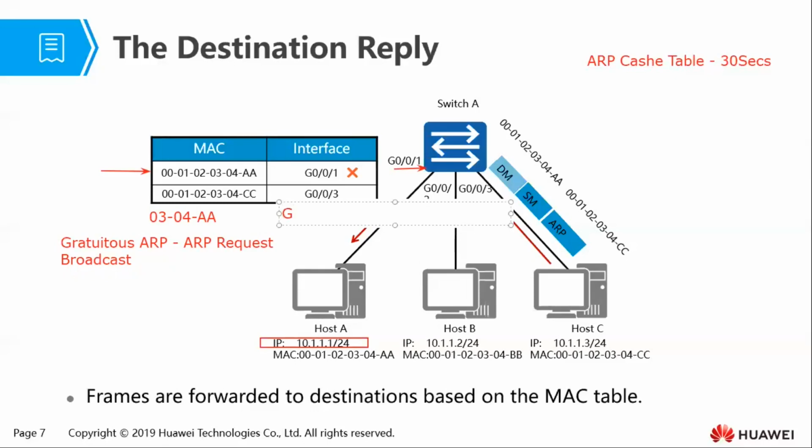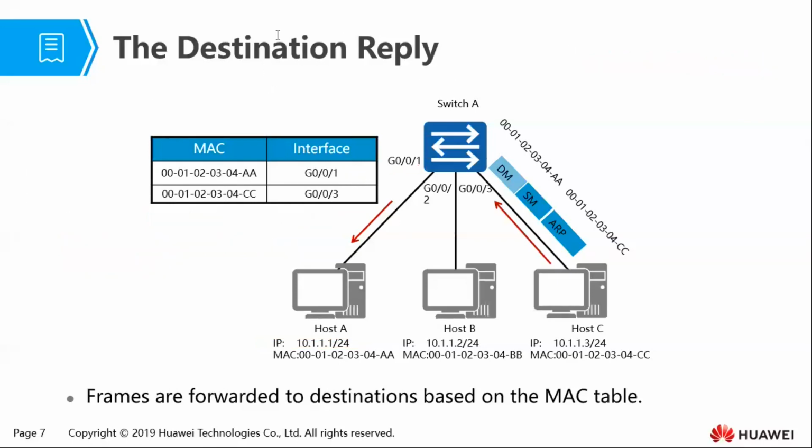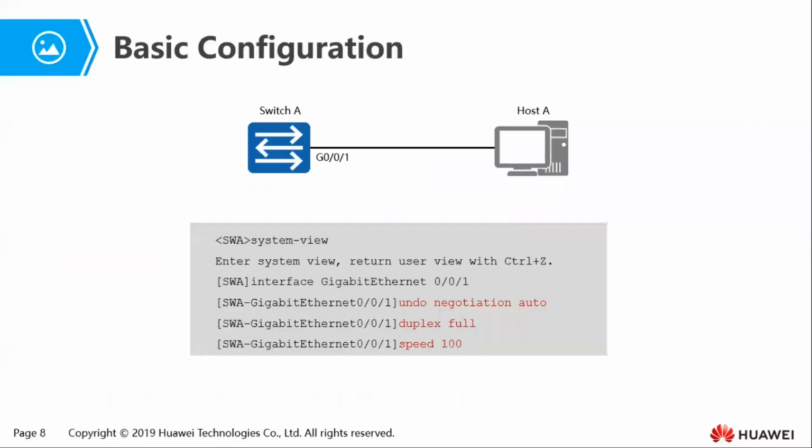So maybe G0/0/4. And that way, most of the time, the switch will always be able to maintain the current and correct association between the MAC address of a device and the interface via which it has been connected. So I hope that is clear.